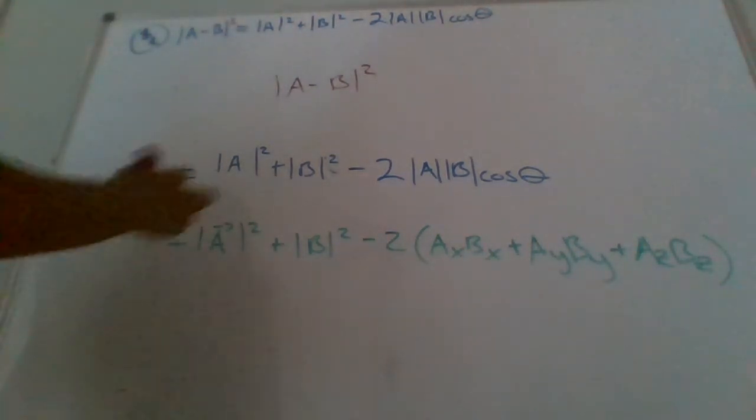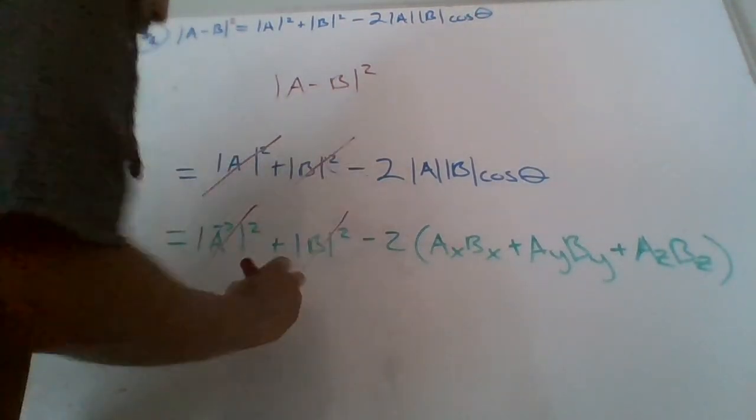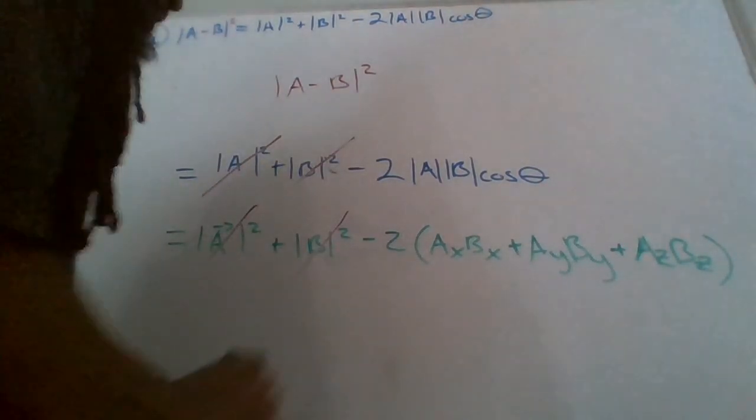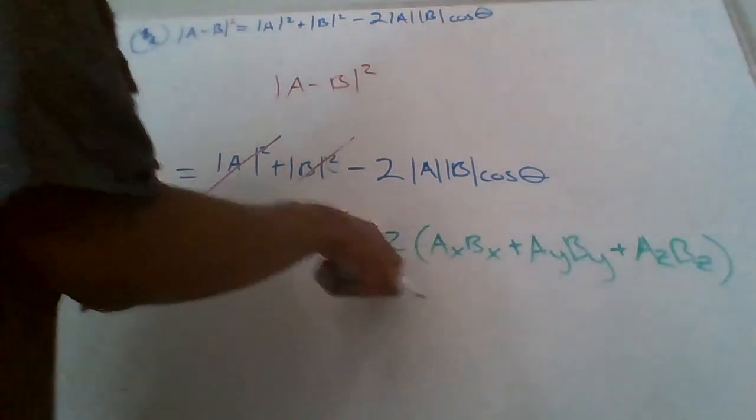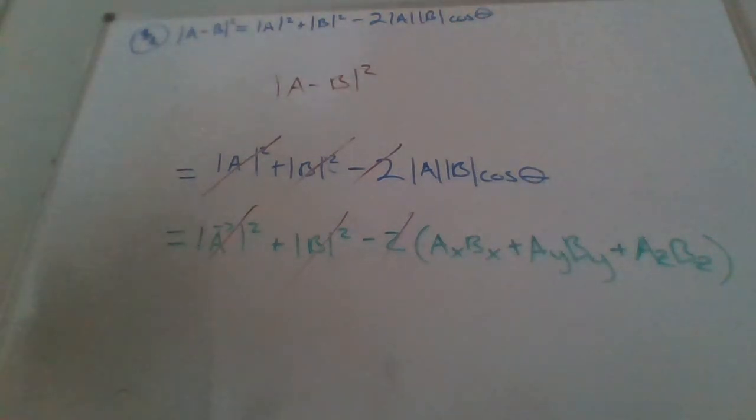So now we can cancel out these. Boom, boom, boom. And all that's left over is a negative. Oh, we can also get rid of this negative 2. All right.